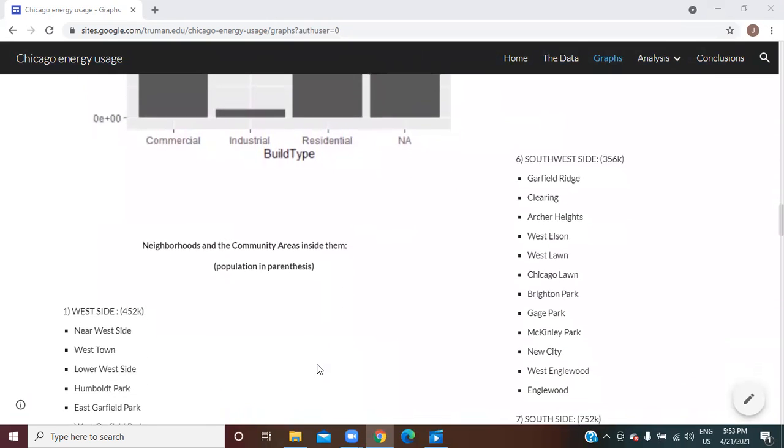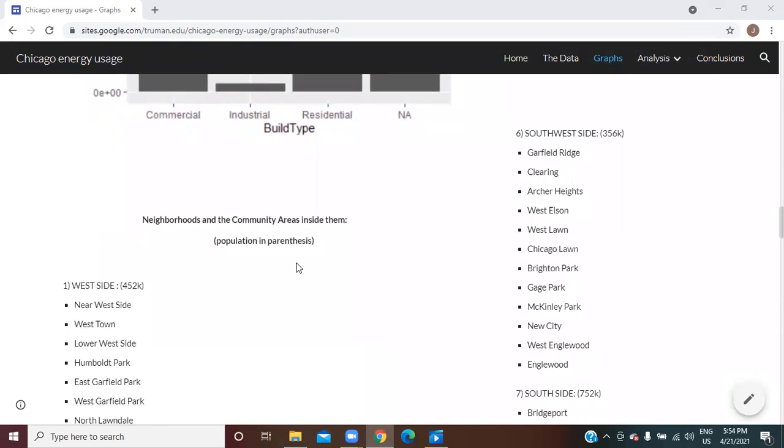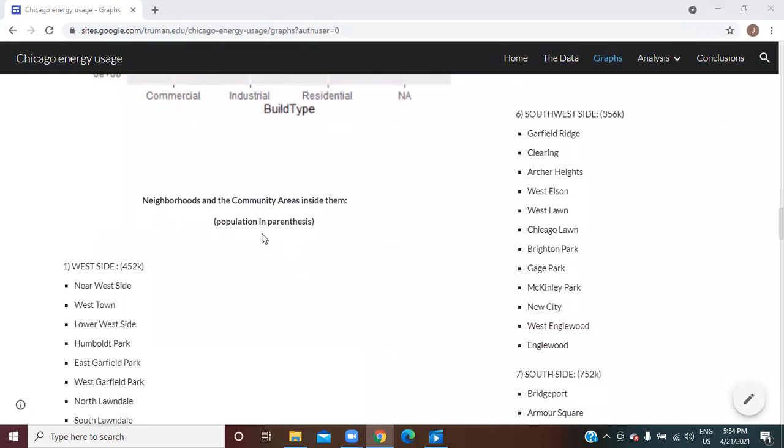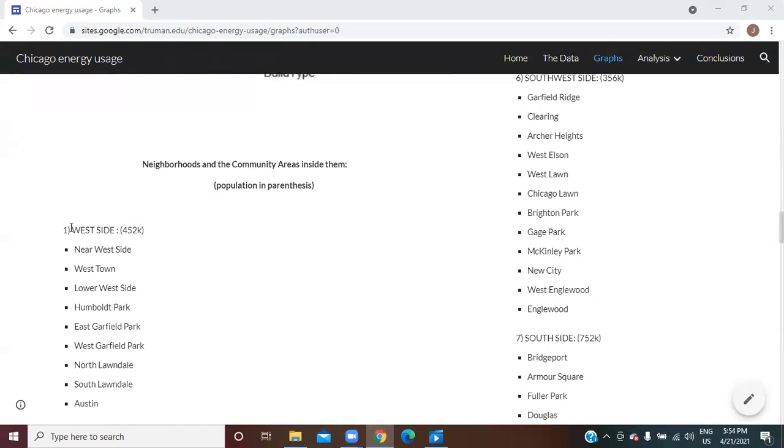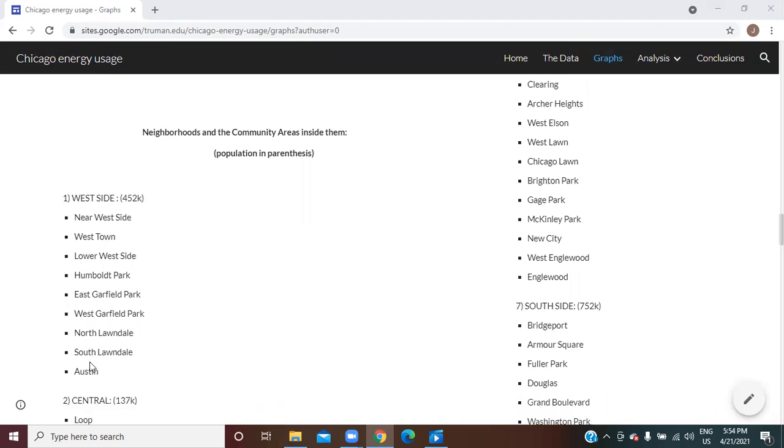Further down, we have the explanation of which community areas are inside which neighborhoods. So we have number one, for example, is the west side. We have the population, and we have all the community areas inside the west side neighborhood. Part of the cleaning of the data that Kevin was talking about.